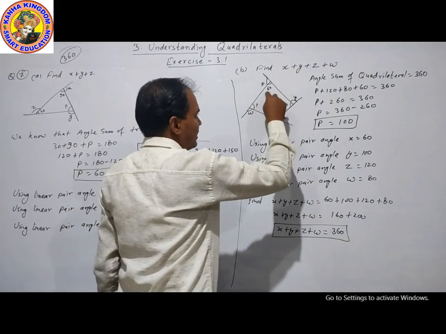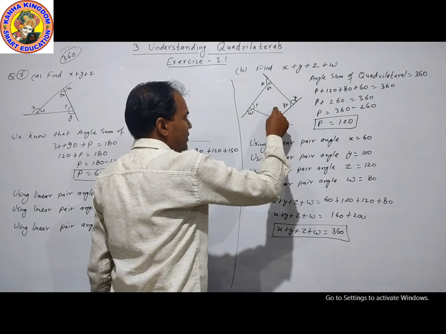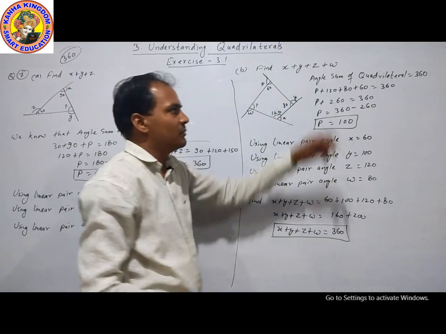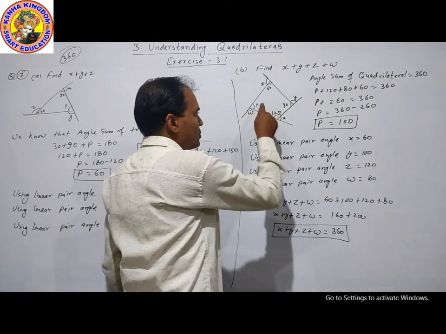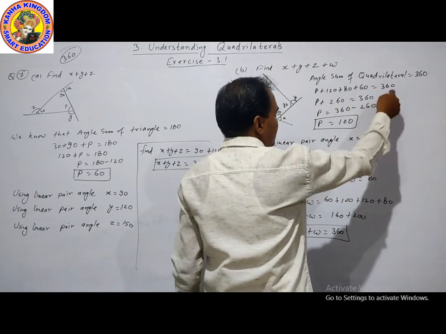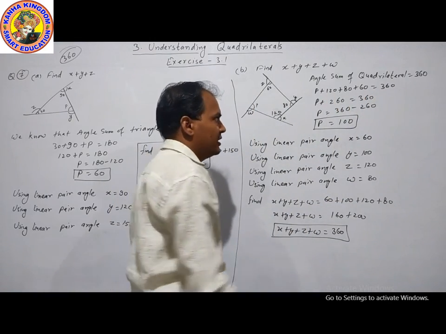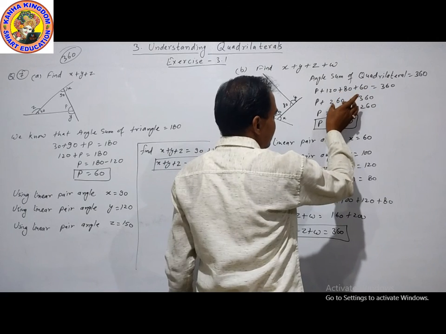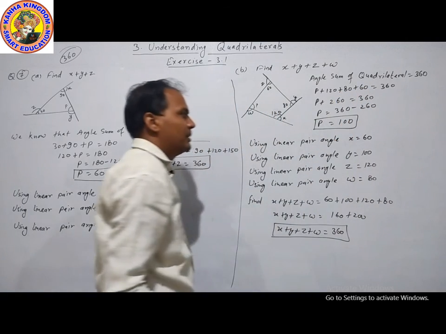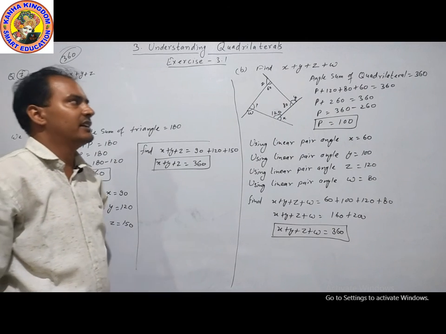Now in this question, find X plus Y plus Z plus W. Here is a quadrilateral, 60, 80, 120. This angle is missing. The missing angle is P. Now the angle sum of a quadrilateral is 360. So P plus 120, 80, 60, the sum is 360. By adding these, we get 260. Now transposing, we get P is 100.